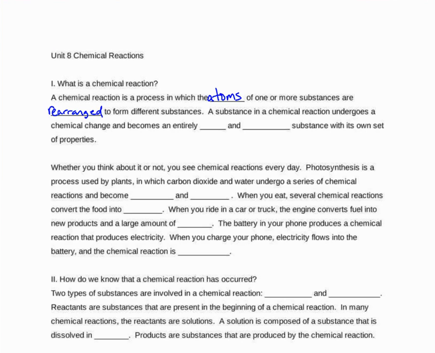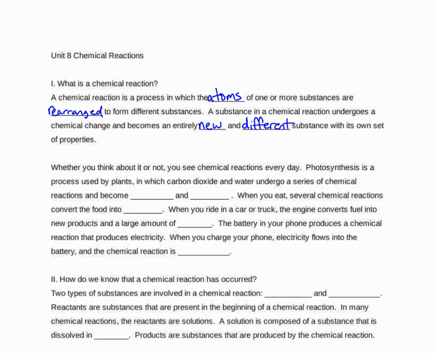A substance in a chemical reaction undergoes a chemical change, and this part is important. It becomes an entirely new and different substance. You'll see this as we go throughout the unit. It has to be new and different.